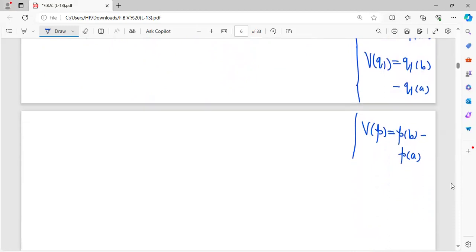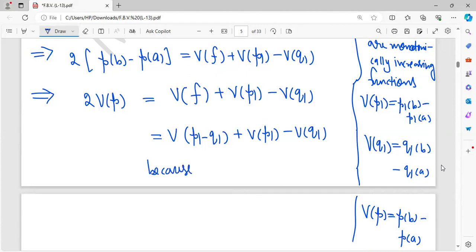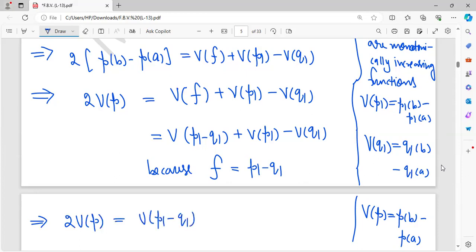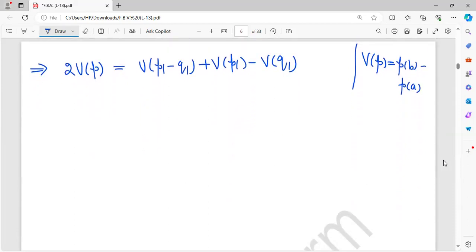But f is equal to P1 minus Q1, so this implies 2VP is equal to Vf plus VP1 minus VQ1.